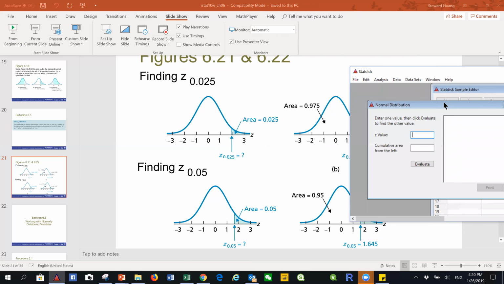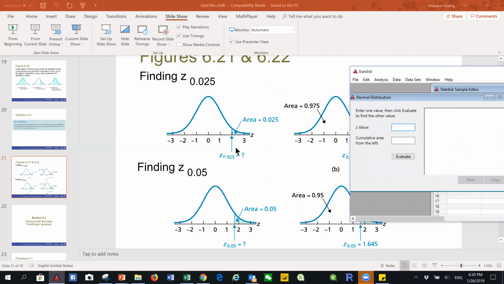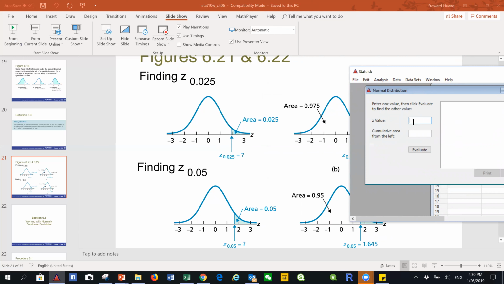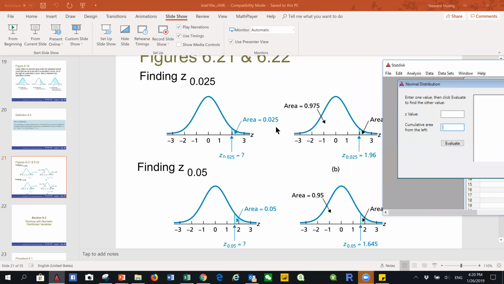And then you can type. First, if you know the z, then you type in the z, but we don't know z here. However, we know the cumulative area from the left. Why? Because we know the area to the right is 0.025, so the area to the left must be 1 minus 0.025, which is 0.975.